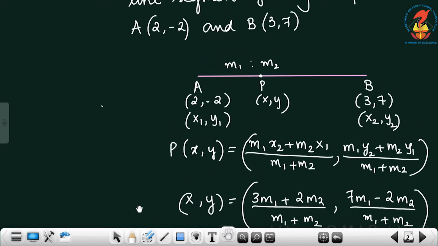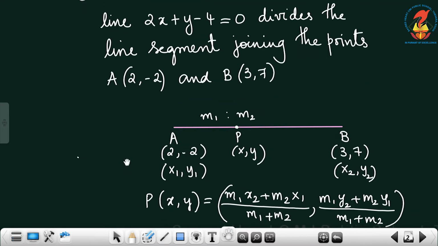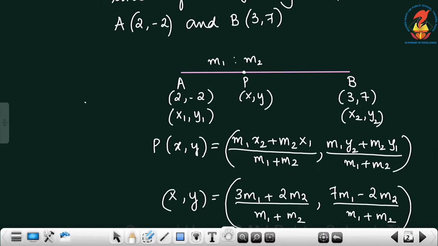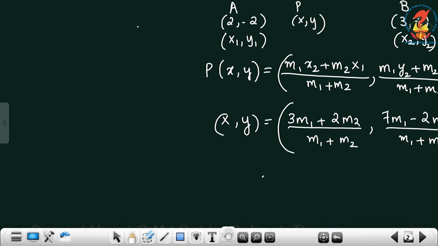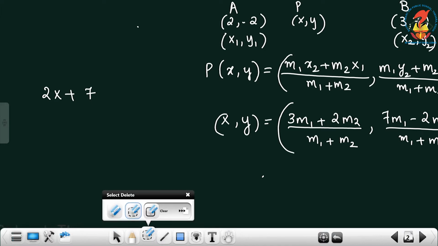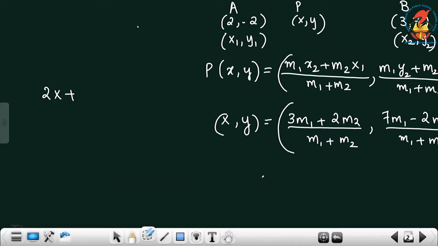Now, what is the line given here? 2x plus y minus 4 equals 0. Instead of x and y, substitute those values.